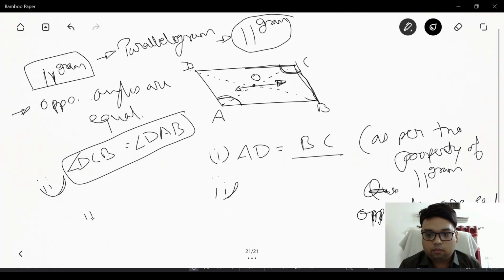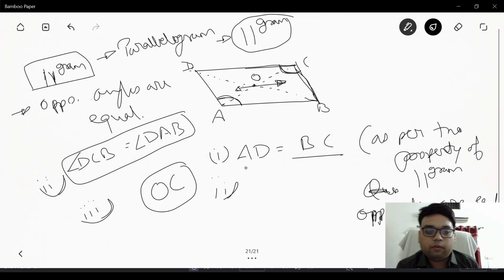Now question number 3 asks which term is equal to OC. Again we are using the properties of parallelogram. Firstly, opposite sides are equal; secondly, opposite angles are equal; and third, the diagonals bisect each other.